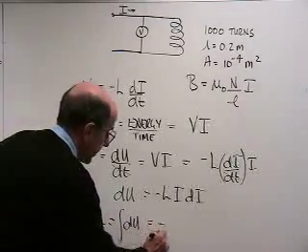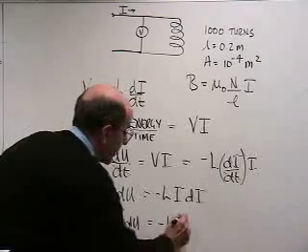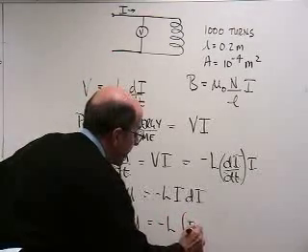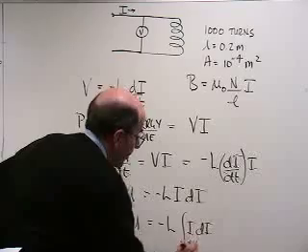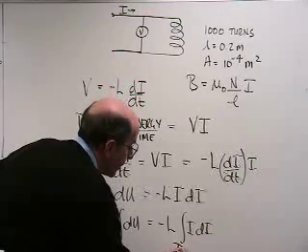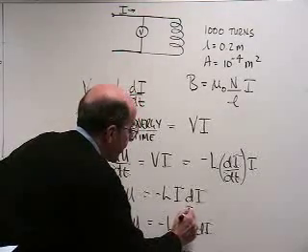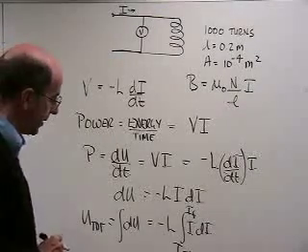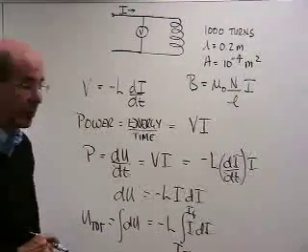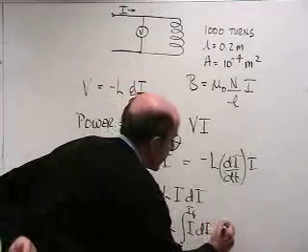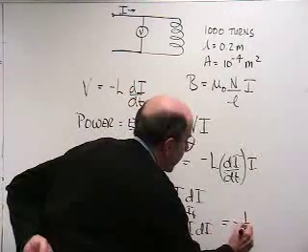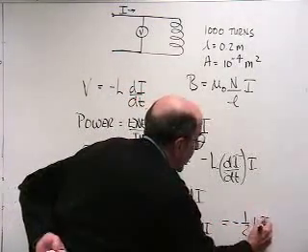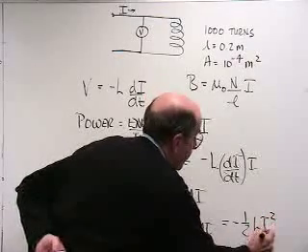That's equal to minus L times the integral of I di, from I equal to 0 to whatever the final current is. And that just gives us I squared over 2. So that's equal to minus 1/2 L I final squared.